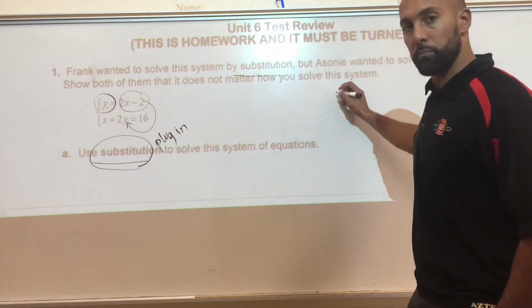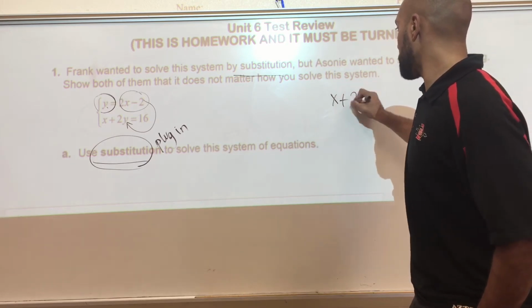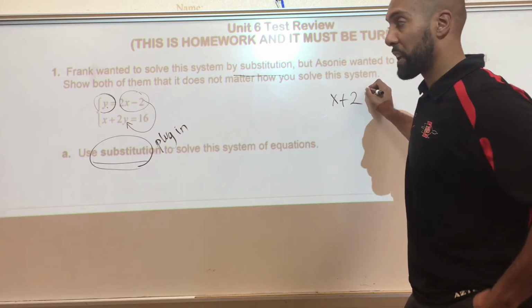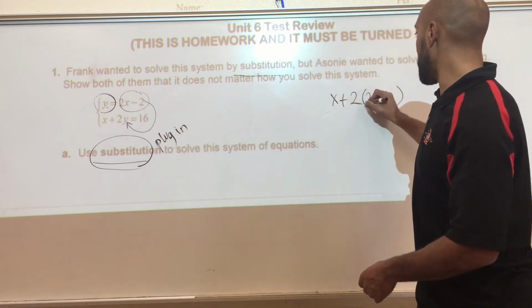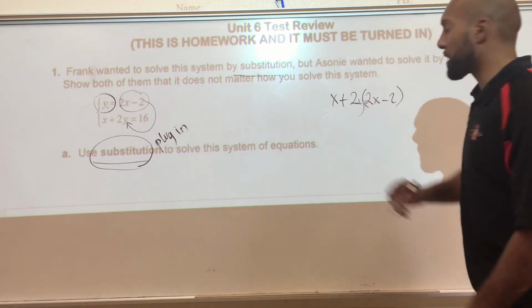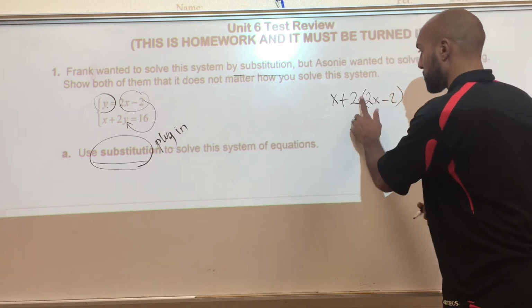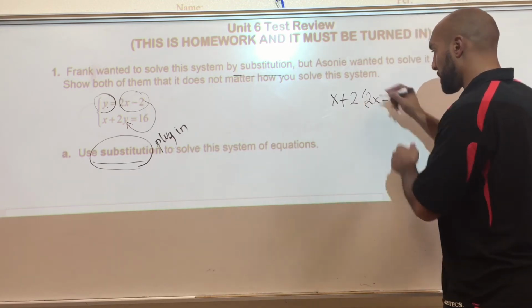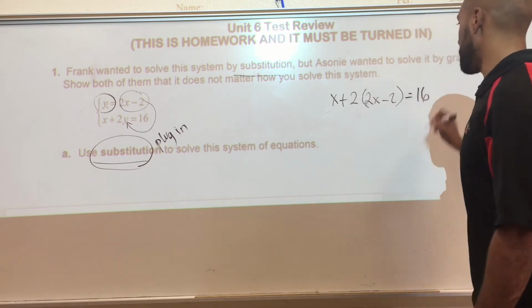Okay, so now we've got x plus 2, and I'm plugging it into y, so now I'm going to take 2x minus 2, plug it into y, and remember, don't write y here, because we're replacing it, we're substituting it. So you don't need y, we're replacing it with this expression of 2x minus 2, equals 16.